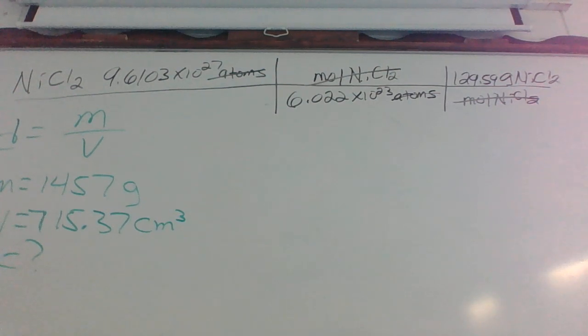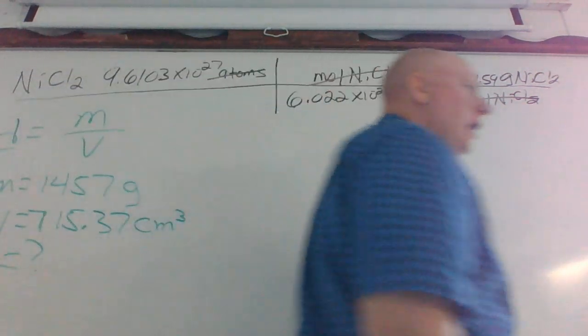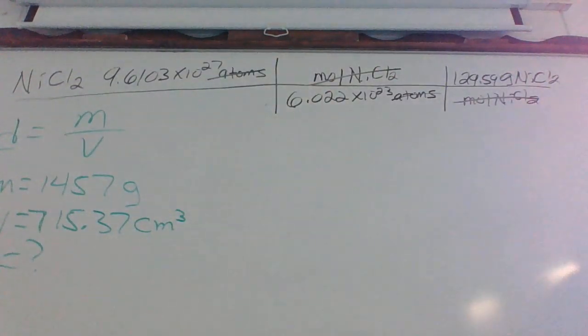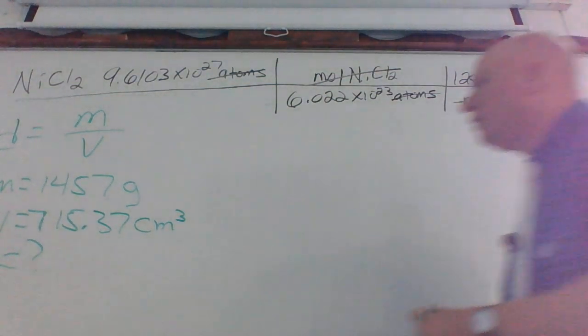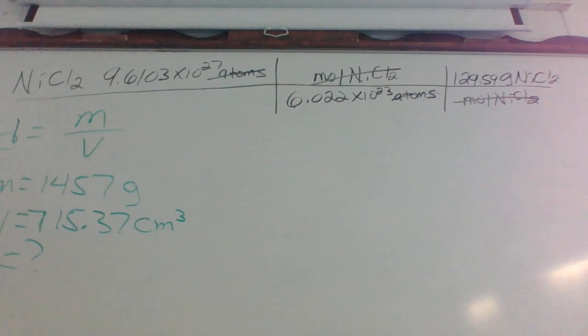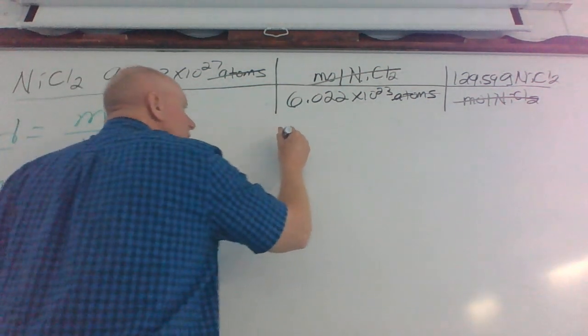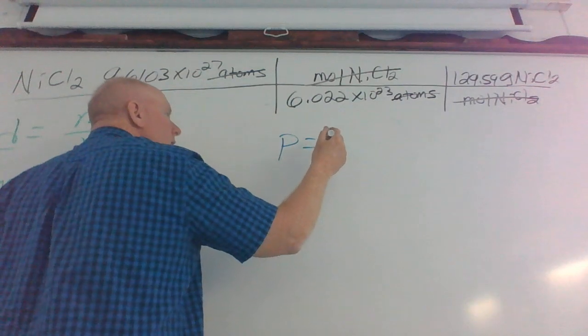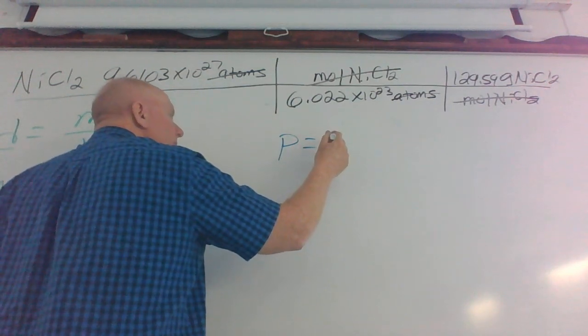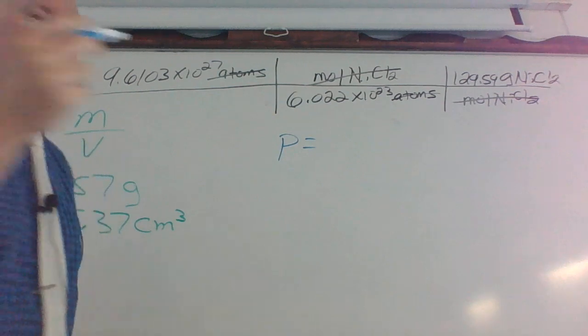So one of the things you can do is, for instance, pick a transition metal. That's a little bit of review from 2 years ago. What would be a good example of a transition metal? Iron. Okay, so element 26. How many protons does iron have? 26.